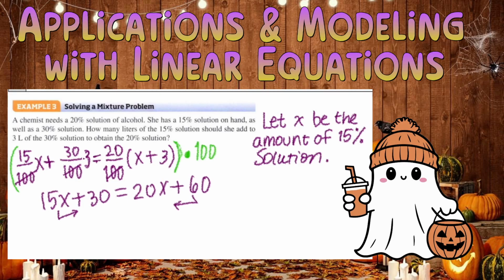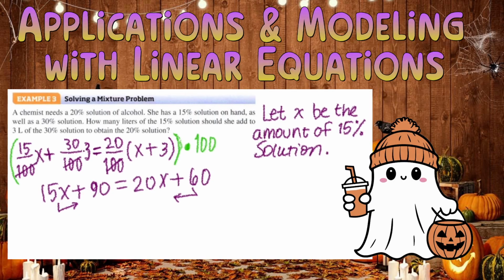So it's 30% of 3, and really over here, my bad, this should be a 90. I immediately knew I made a mistake because I knew I was going to get 5x on the right and a negative number on the left, and that wouldn't make sense because I can't have a negative number of liters. All right, so now let's carry on.